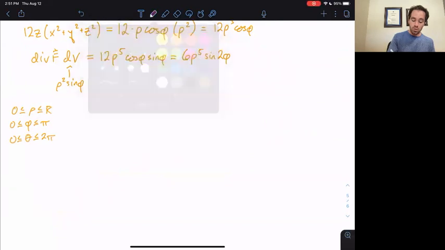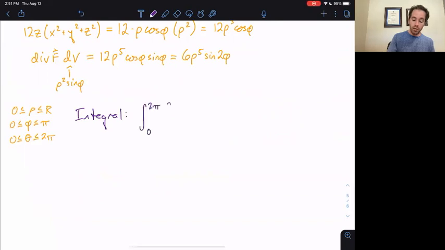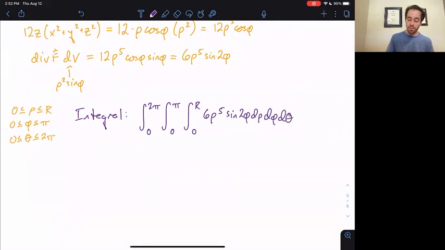So the integral is, as theta goes from 0 to 2 pi, as phi goes from 0 to pi, and as rho goes from 0 to r, of 6 rho to the 5th sine of 2 phi. That's d rho, d phi, and d theta.